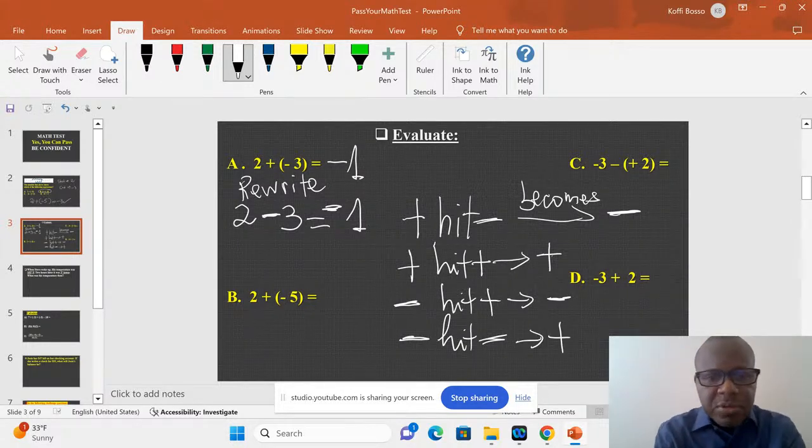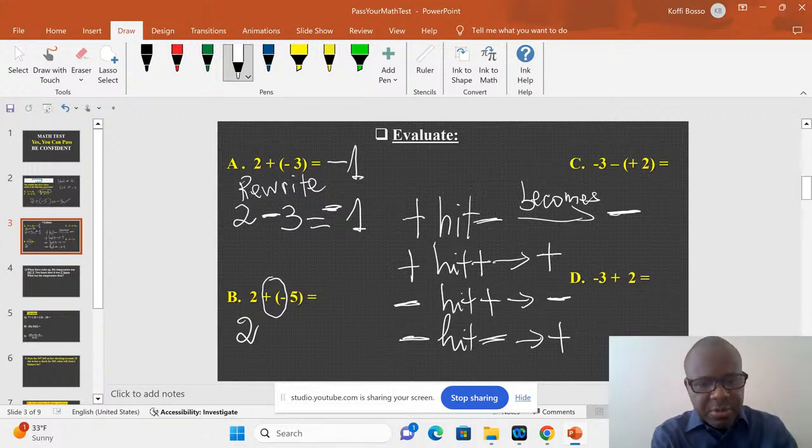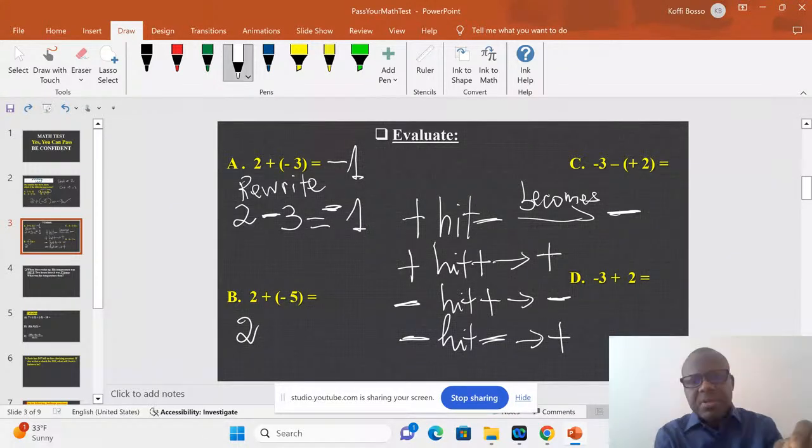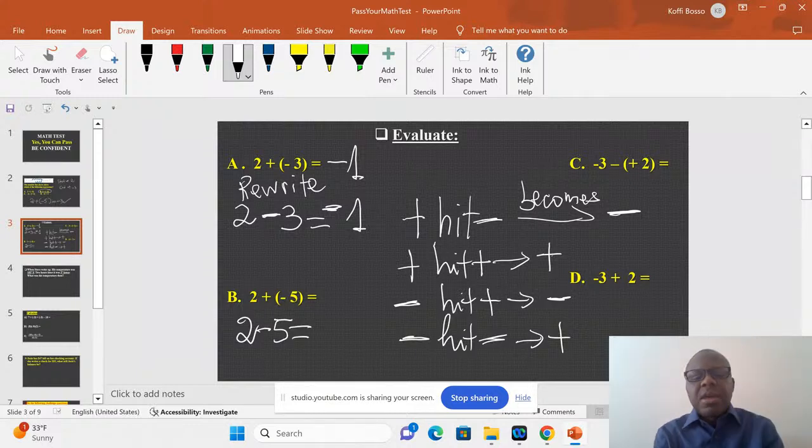If I want to use this process here, B, I have a 2. Now, I'm going to remove the parentheses. Removing the parentheses here means that my positive sign will hit the negative sign, and in doing that, I get negative. So 2 minus 5. And to do 2 minus 5, because 2 is positive and 5 is negative, they don't have the same sign.